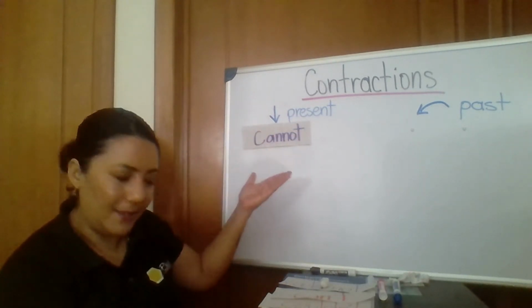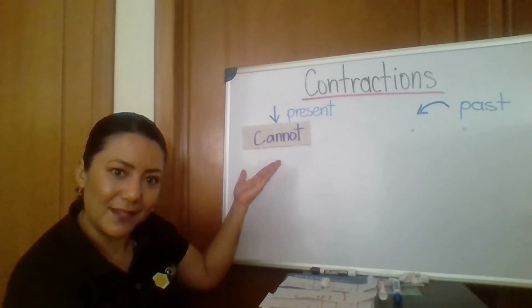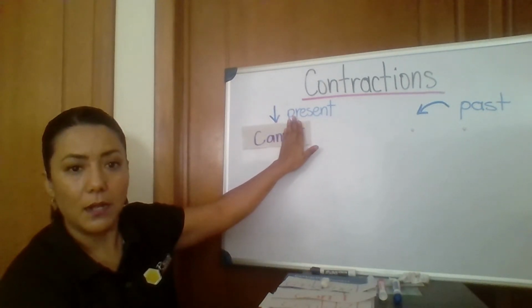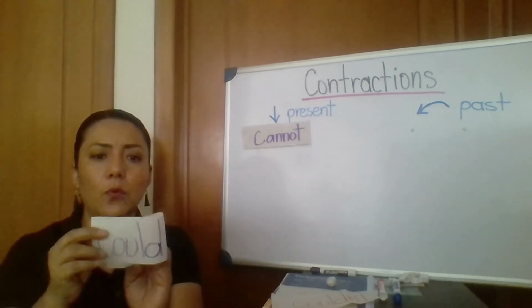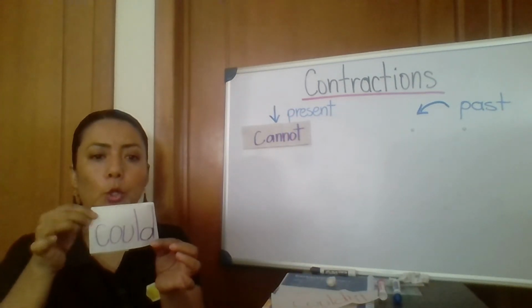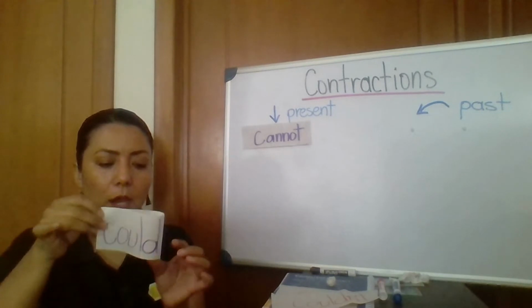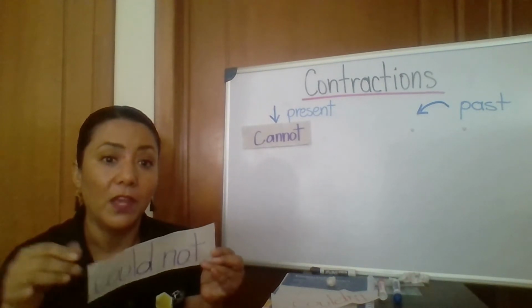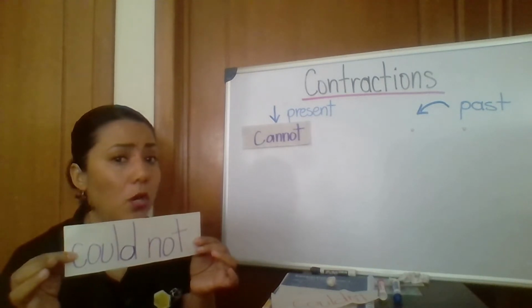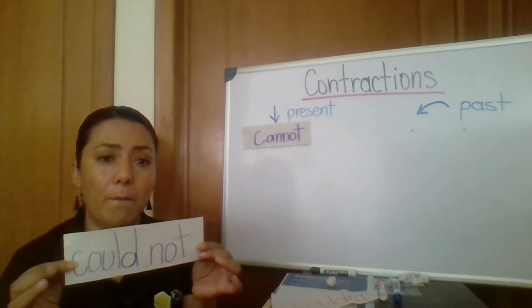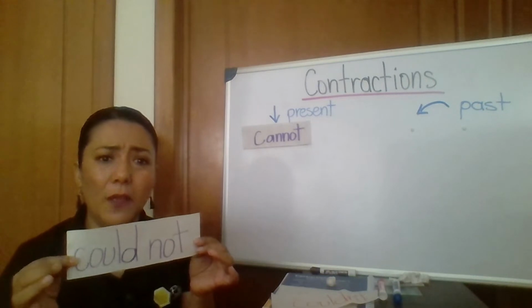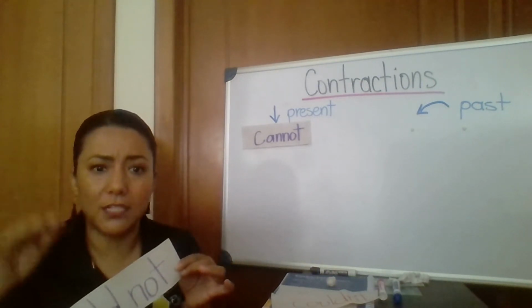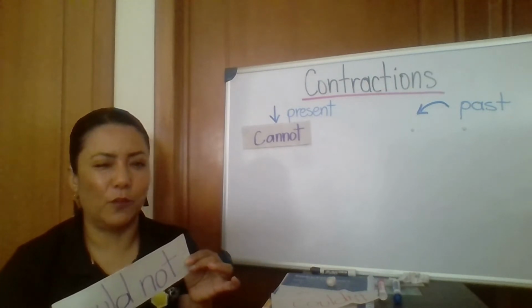And since this is present, what is the past tense of can or cannot? Then the word is could, or the negative could not. Teacher, yesterday I could not do my homework because my pencil, I lost it. I lost my pencil. Yeah, of course not.